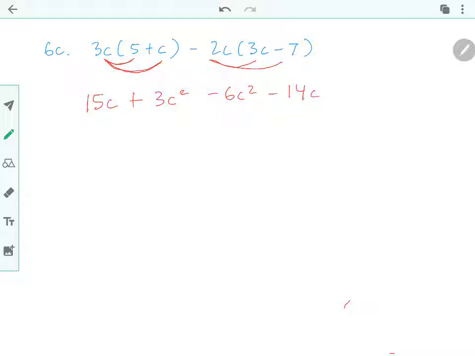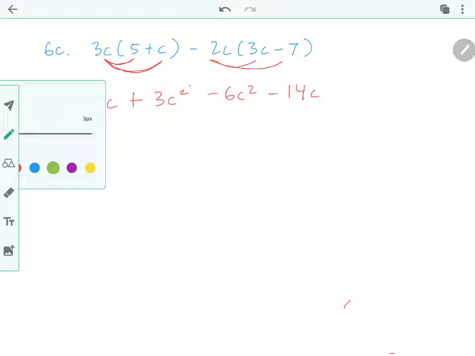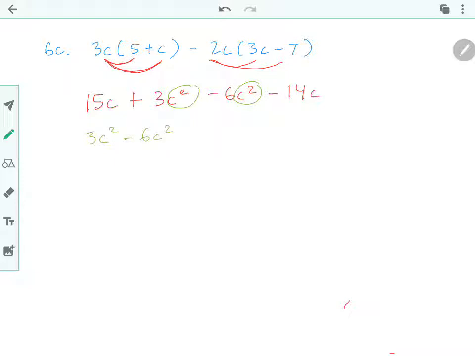Now what you need to do is once again find the like terms. I have c squared here, another c squared there, so 3c squared minus 6c squared equals negative 3c squared.